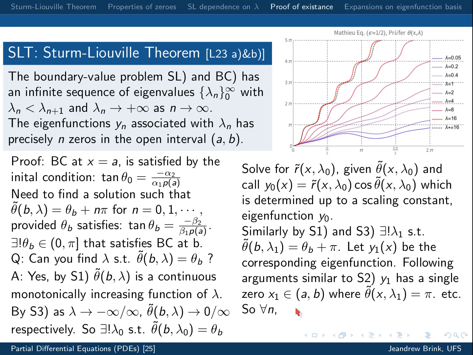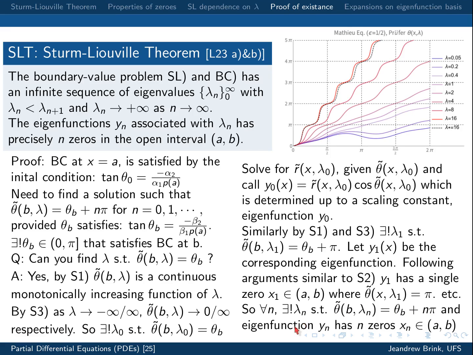And you can go on and do it for all n, with exactly the same arguments. You can show that you can always find lambda n so that theta b lambda n equals theta b, the boundary condition, plus n pi. And the eigenfunction yn has n zeros in this region.